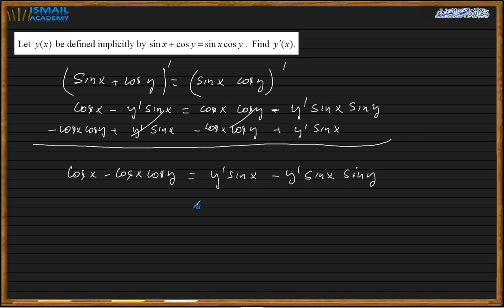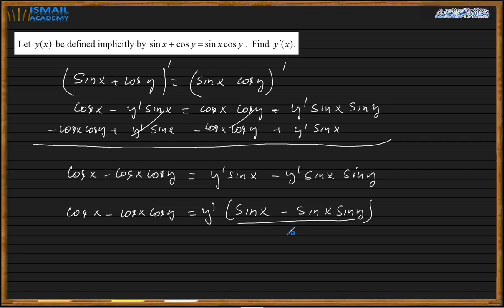So now I take y prime as a common factor. So it's going to be y prime times sine of y minus sine of x sine of y equals cosine of x minus cosine of x cosine of y. Divide both sides by the coefficient of y prime. So you got your answer.